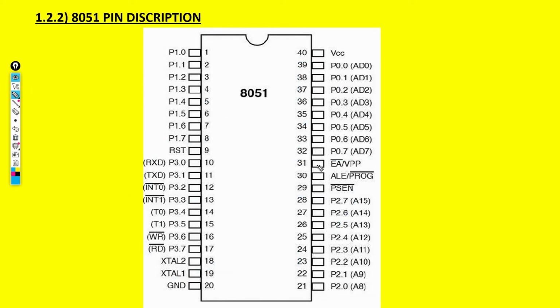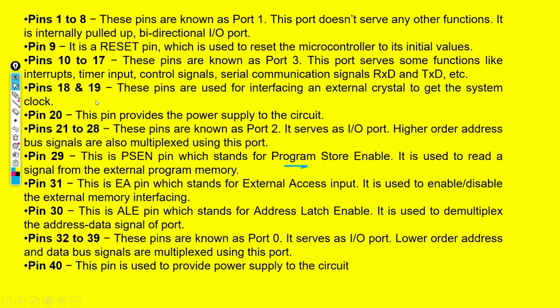Now let's look at pin 31. This is the EA pin, which stands for external access input. Let's assume that we are performing a function and our memory is not enough, because that function takes a huge amount of space, so we have to add an external memory.